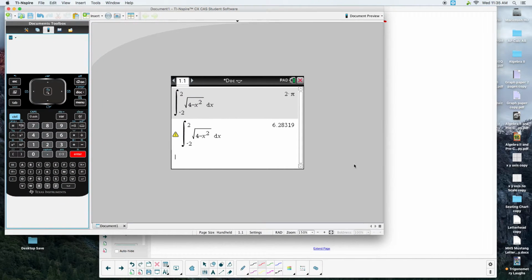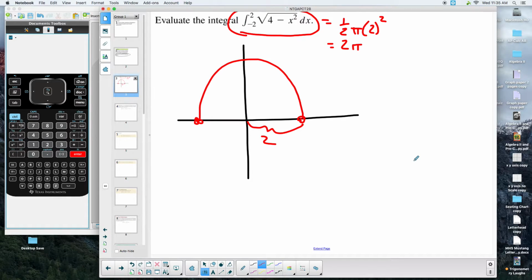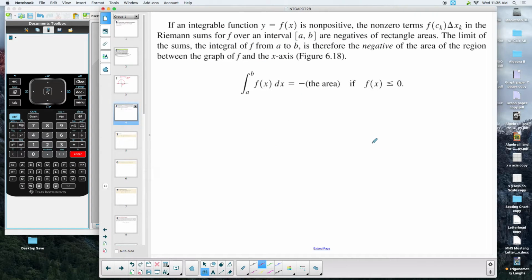All right, so let's look at some properties. I'm going to give you the theory here, and tomorrow in class we'll go through and try the practice problems.